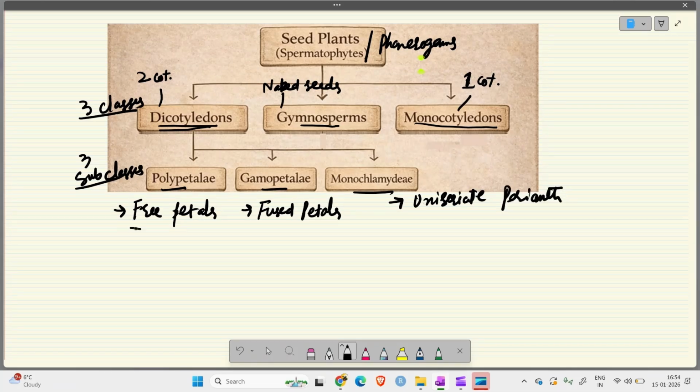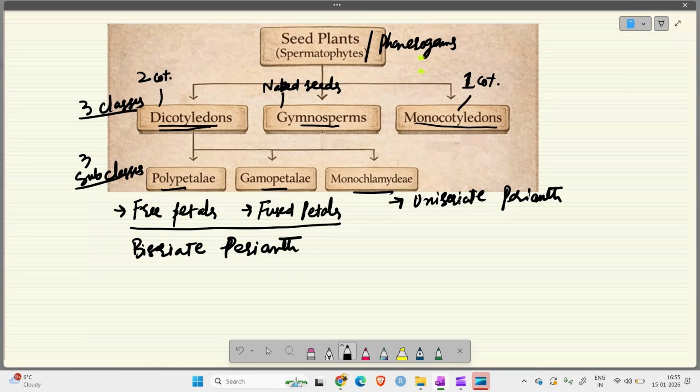The polypetalae and gamopetalae have a biseriate perianth. And monocotyledons also have a uniseriate perianth.